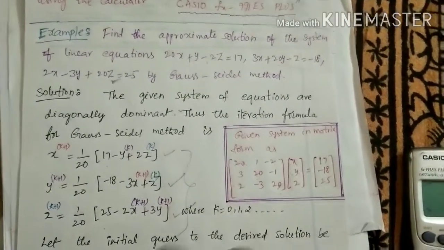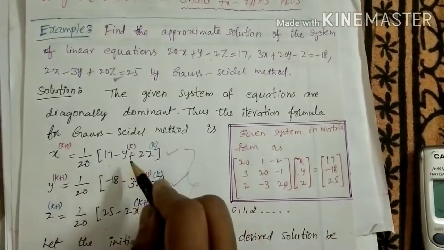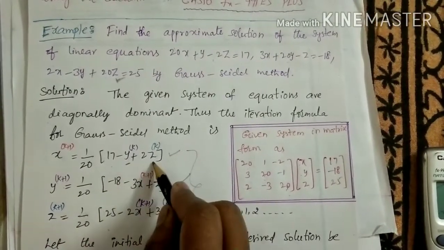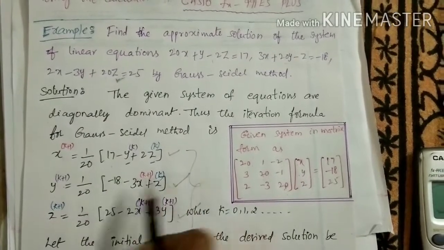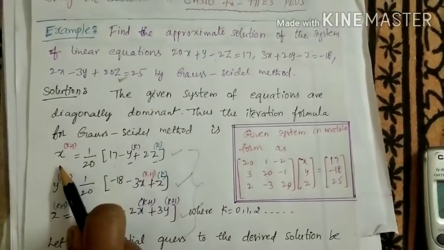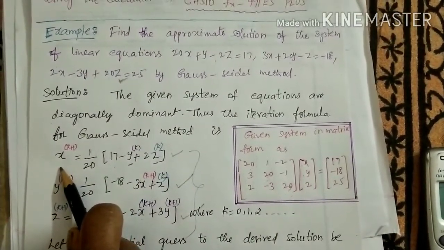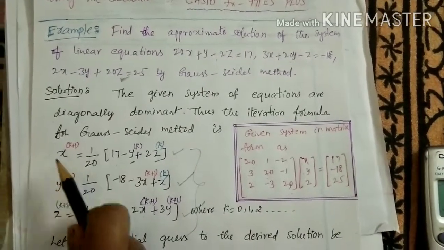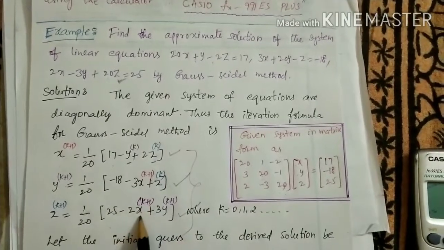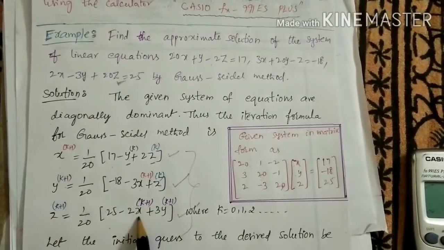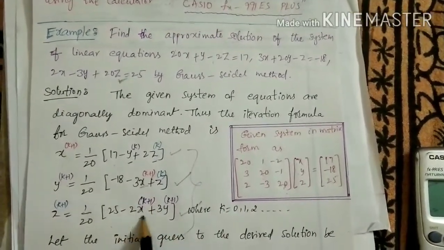Here we need to take initial guess for two variables y and z, so that the iteration for x can be obtained. Now that can be used immediately in the next equations wherever the variable is appearing.